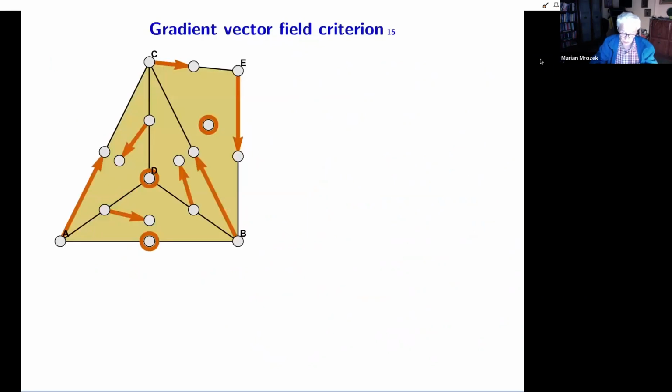So before I leave the Morse theory, let me just quickly formulate what result Forman obtained with this theory. First of all, it's clear that not every combinatorial vector field will correspond to gradient dynamics. For instance, here, once we understand how we move through this directed graph, there is clearly a periodic solution here.